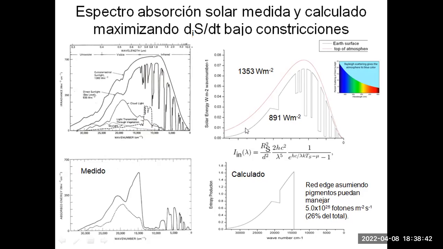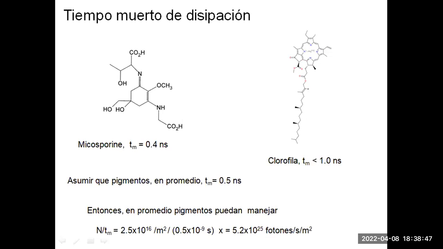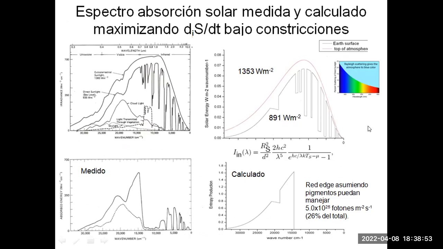And we just do the calculation, given the fact that we can only absorb like 5 times 10 to 25, not to 22, it's 5 times 10 to 25 photons per meter squared per second. And we start summing the intensities here, the number of photons at each wavelength. And when we get to 5 times 10 to the 25, we stop. Okay. And it turns out that this is exactly where the red edge is.